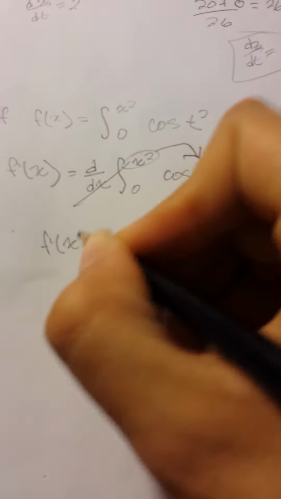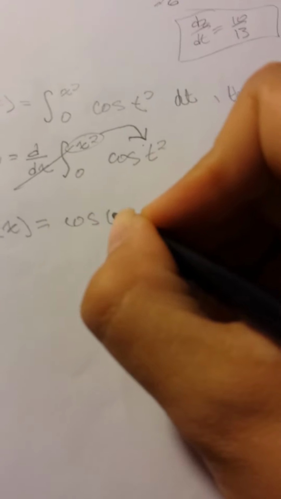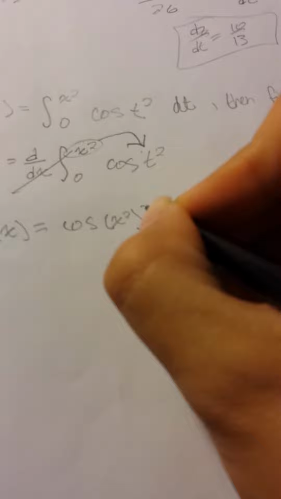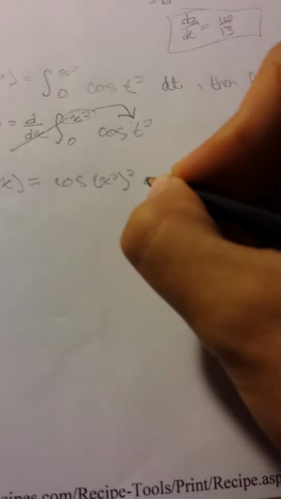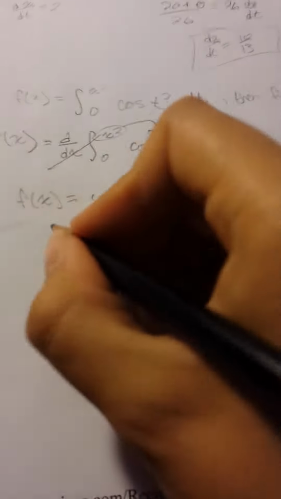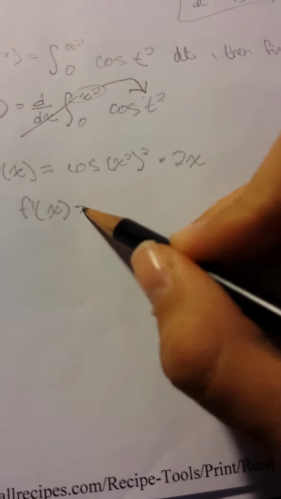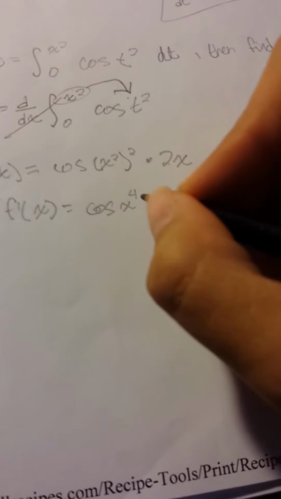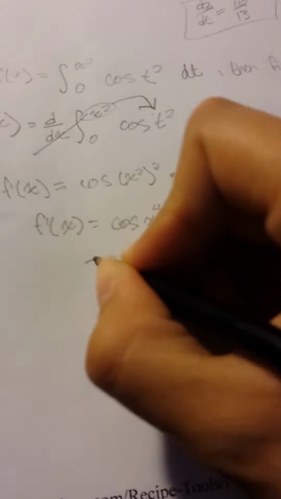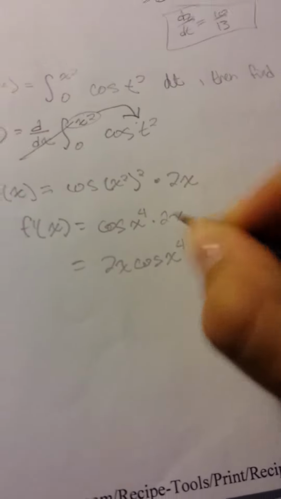So f prime of x is equal to cos of x squared squared, can't forget the extra squared, and then you multiply by the derivative of the x squared, which is 2x. So you get f prime of x is equal to cos x to the 4th times 2x, which is equal to 2x cos x to the 4th, and that's your derivative.